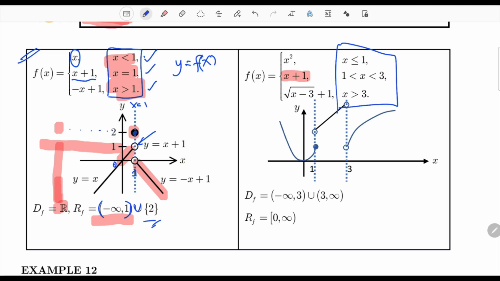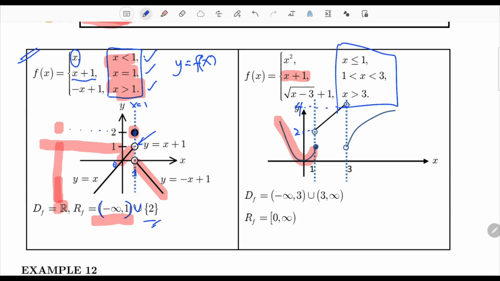Less than 1, we have the quadratic curve. Between 1 and 3, we have the linear curve x plus 1. When x is 1, it becomes 2. And when x is 3, it becomes 4.